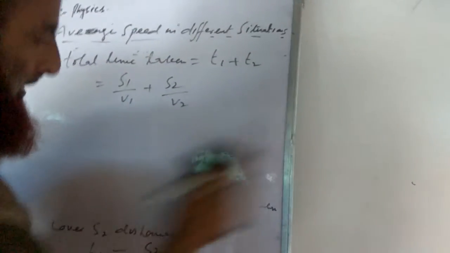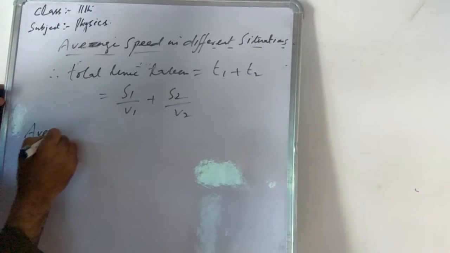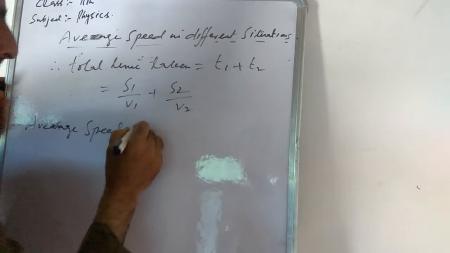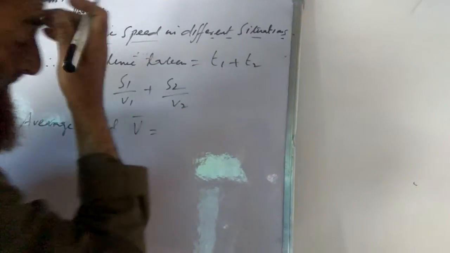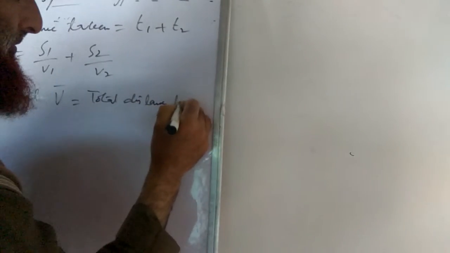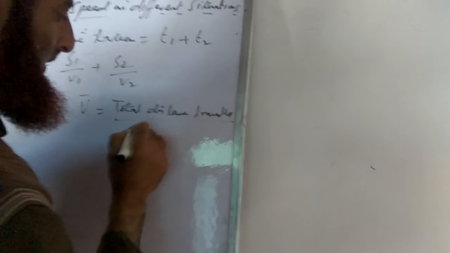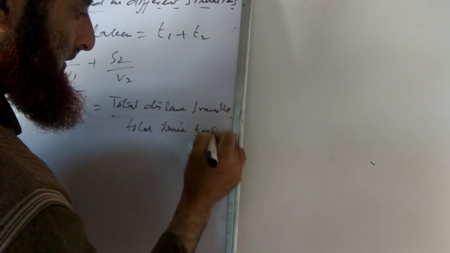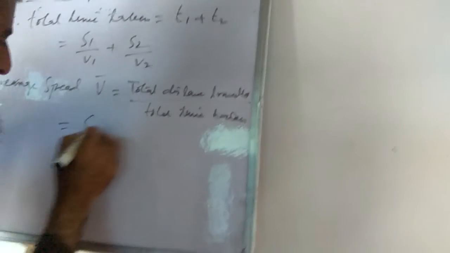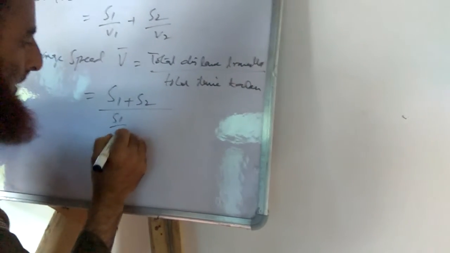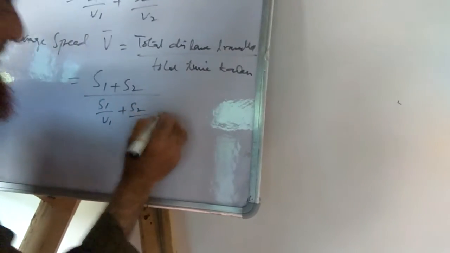Now we will calculate the average speed. Average speed is total distance traveled divided by total time taken. Total distance is s1 plus s2, divided by total time s1 by v1 plus s2 divided by v2.